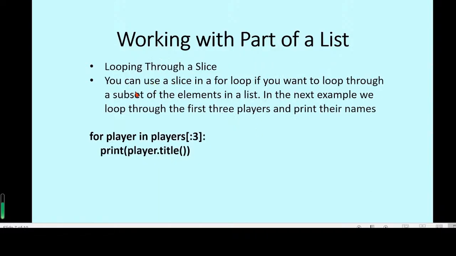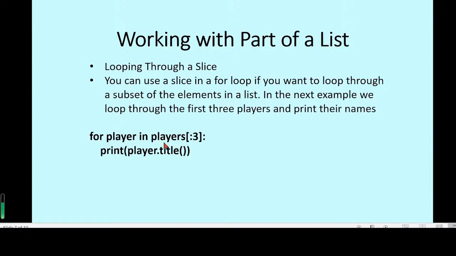And looping through a slice. You can also use a slice in a for loop if you want to loop through a subset of the elements in a list. In the next example, we loop through the first 3 players and print their names. For example, we can write for player in players[:3], so from the first to the third element of this list.